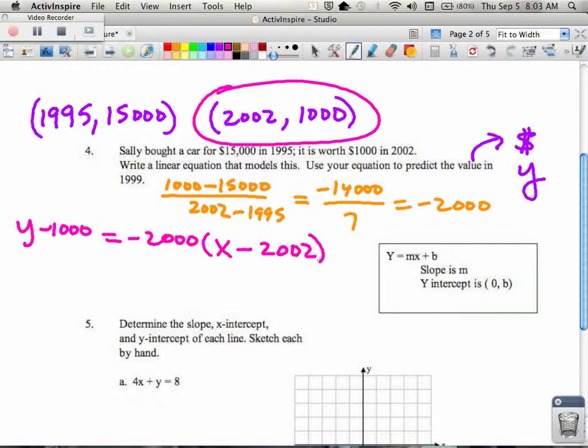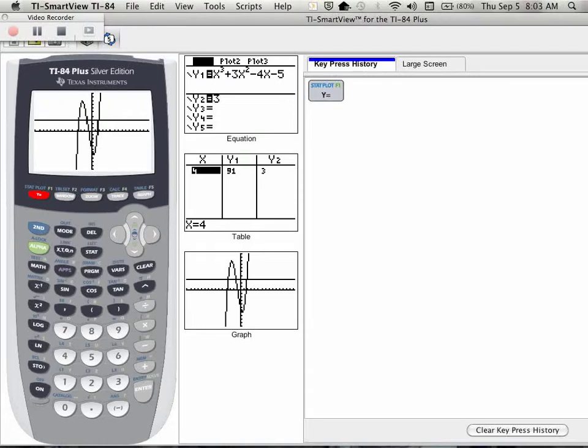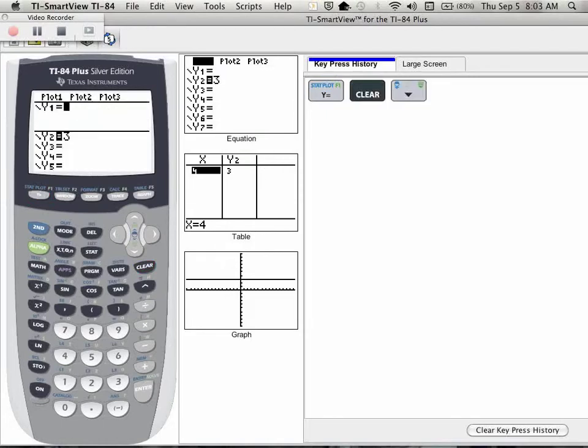And it says we're going to predict what happened in 1999. So what I can do now as I look at this thing is I can get my calculator, and in my y equals, I need to type in my equation. Now I can't have that, whatever that number was on the left-hand side, that 1,000 over there, so I got to move it to the right.